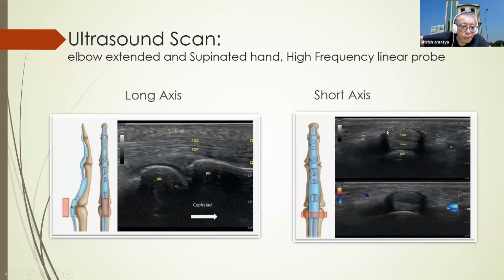It is a ribbon-like structure which arches over the flexor digitorum tendon, and it helps to stabilize the tendon and prevents it from bowing when the finger is flexed. If you put on color Doppler, we may also see the digital arteries on either side of the pulley.